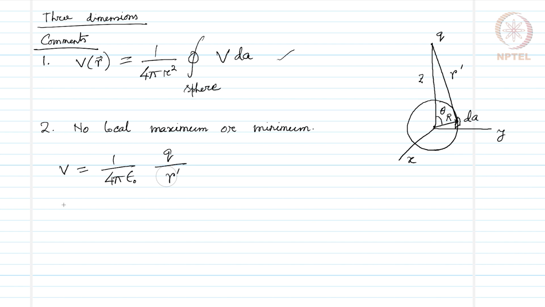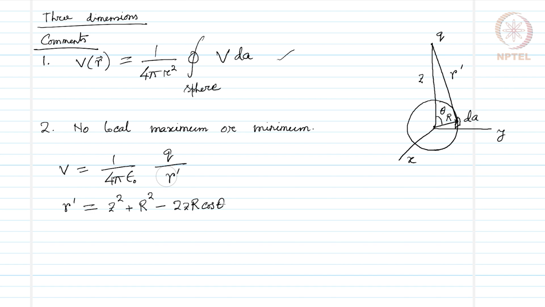And r prime can be given as, looking at the geometry of this picture, z squared plus r squared minus 2zr cosine of theta. This is the same triangular rule.